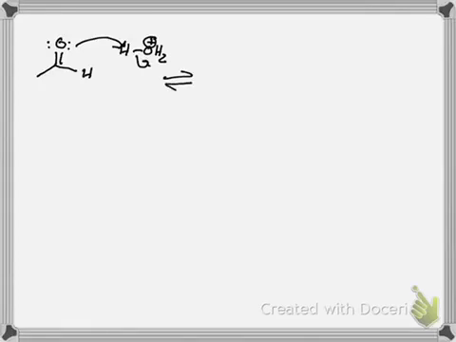Now, one thing I want you to note is all the steps of this reaction are in equilibrium. So now we've got that. As a reminder, this is our primed pump.